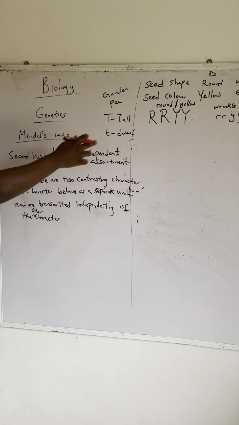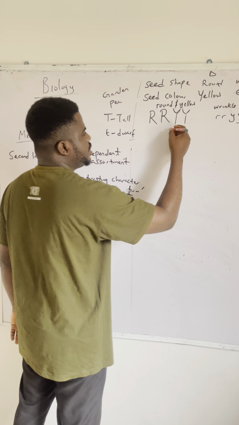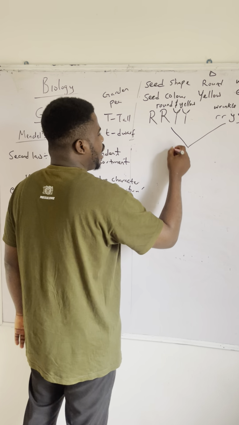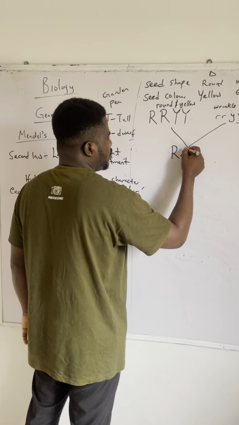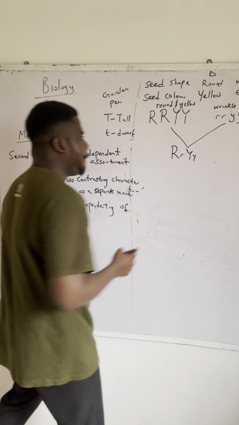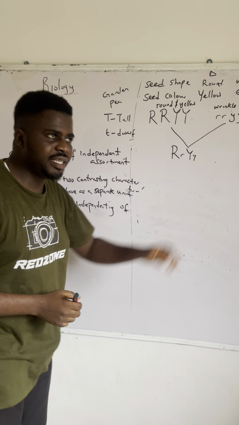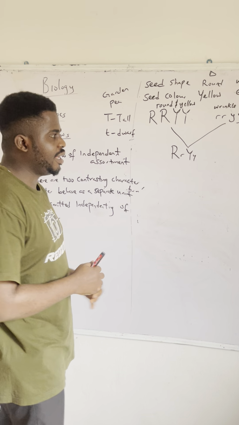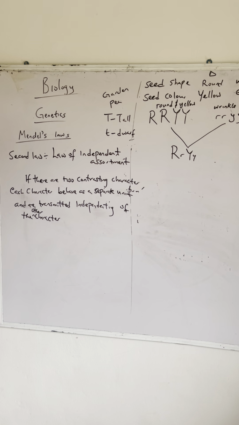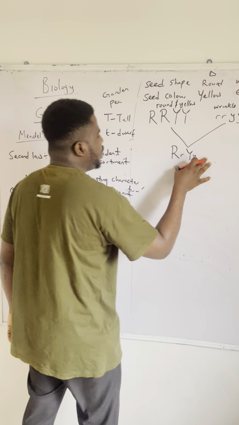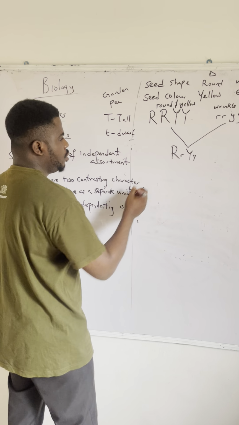So if there is a cross between this and this seed, we have this. All the plants will be round and yellow, although they now have a homozygous trait. All the plants will now be round and yellow.